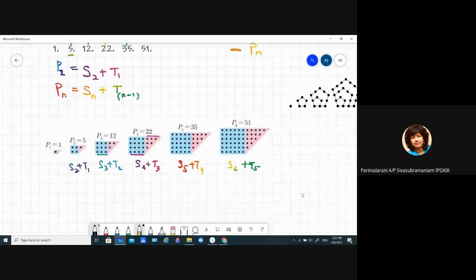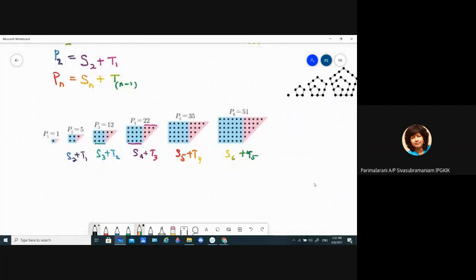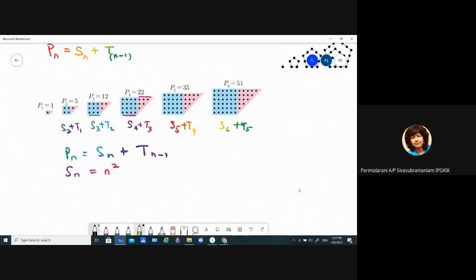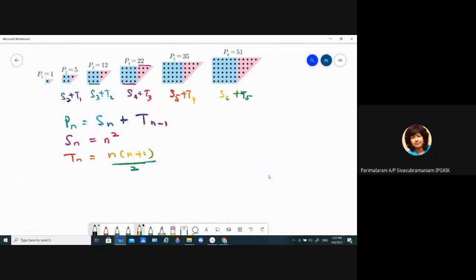Let's write out the formula here. We know Pn is Sn plus T n minus 1. We know that Sn is n squared. This is the formula for square numbers. And the formula for triangular numbers is n into n plus 1 over 2. Therefore the formula for T n minus 1 is to substitute n with n minus 1.